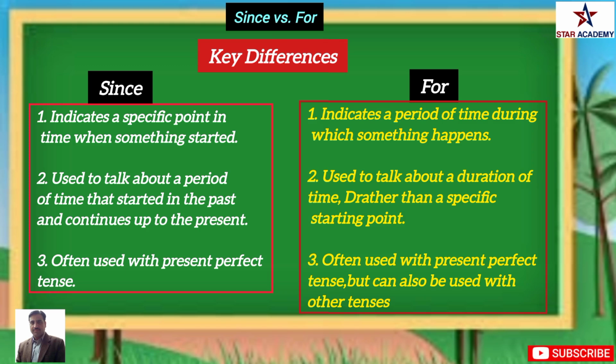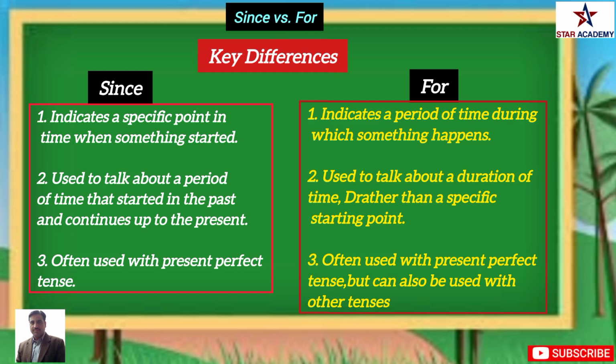Now let us summarize the key differences between since and for. Since is used to indicate a specific point in time when something started, whereas for is used to talk about a duration of time. This is the main difference between since and for.